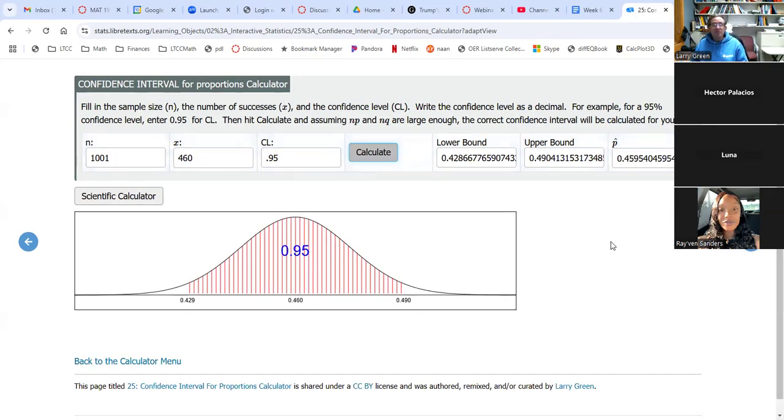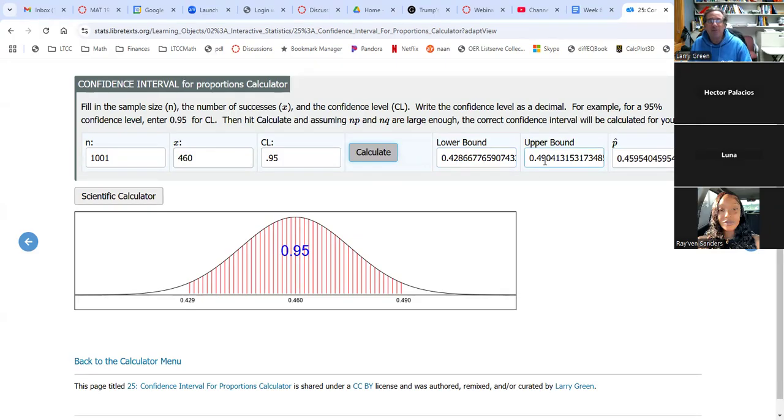And there we go. We have our lower bound and upper bound. By the way, p hat was 46%, which is good. That's always good to double check. So 0.4595 is basically 46%. Our lower bound is about 0.43 or so.